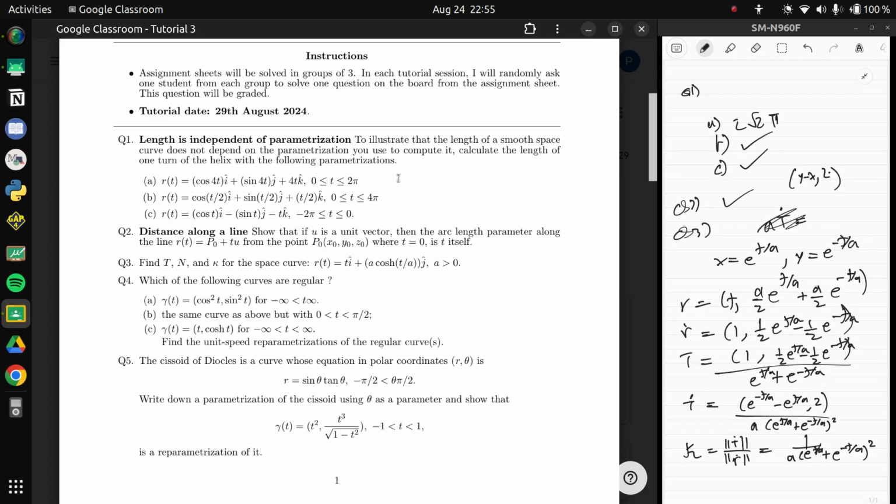So that's kappa. I really hope I'm doing this correctly, because if I'm not, I have no idea how to know. Anyway, I got kappa. What about n? N is just 1 upon kappa t dot. Yeah, that just cancels this stuff, so it's just this quantity, e power negative t by a minus e power t by a, over 2. Yeah, I guess that's just how it is.